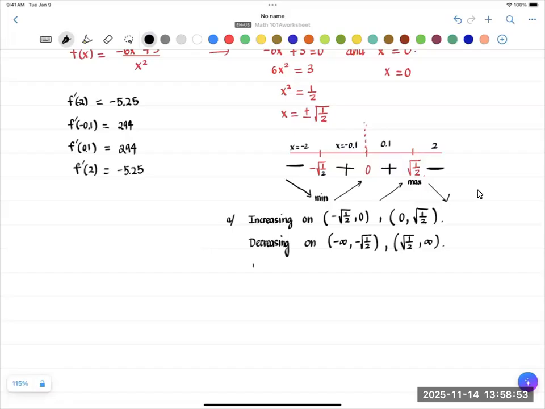So the local max occurs at x equals root 1/2, and the local min occurs at x equals negative root 1/2.